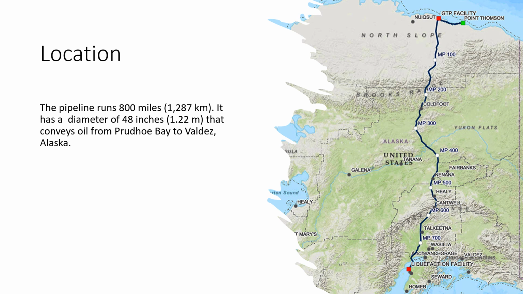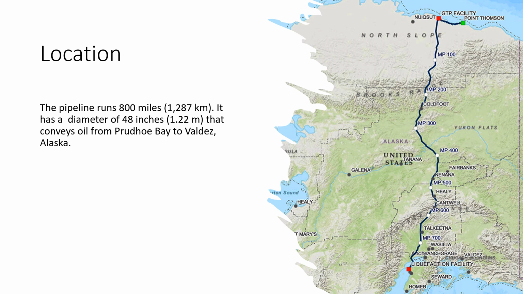Well, the oil is then transported via the pipeline, and you can see here the pipeline runs all the way across Alaska from the North Slope right the way down to Valdez. So from Prudhoe Bay in the north all the way down to Valdez in the south, where it is then put on a boat and shipped to central USA, where it is then used.